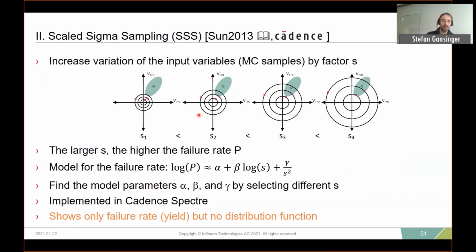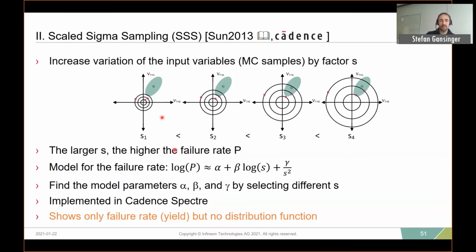So it means we have a standard deviation for the threshold, given, I don't know, for instance, with 5 millivolt, and we scale this with S. So if S is 2, we get 10 millivolt standard deviation. And if S is 3, we get 50 millivolt standard deviation.